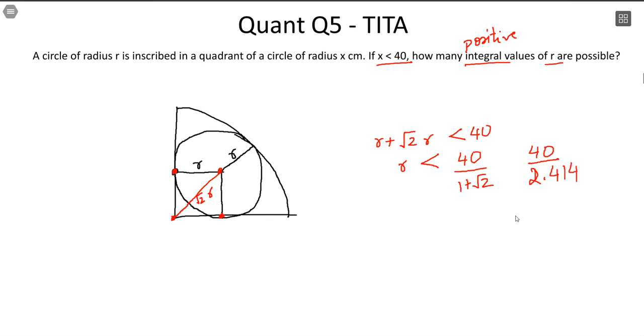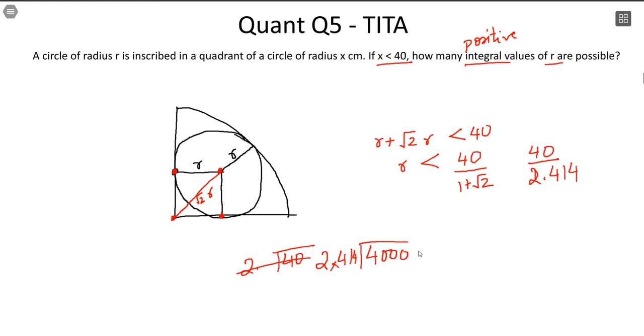I'm dividing it by 2.4 only. I can't divide by 2.4 only, because 2.4 would give me 1.66 and we don't know if it is going. So 400 divided by 2.414.